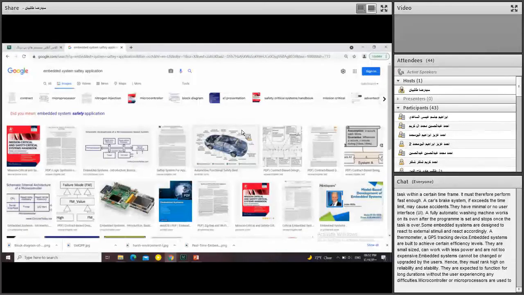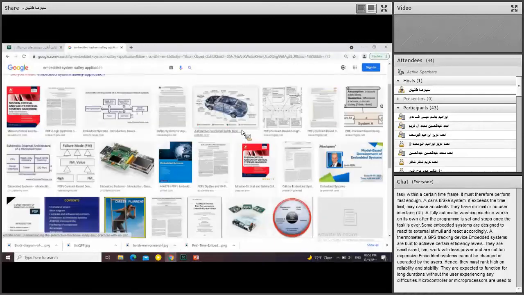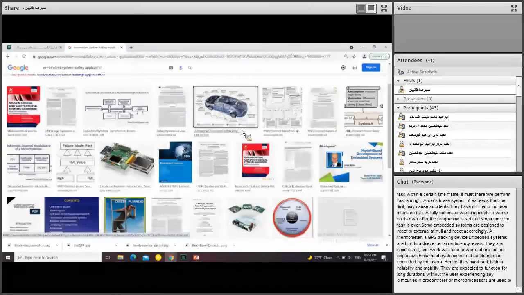Okay. For example, an airbag is really for safety. For automotive systems, an airbag embedded system is very useful for safety.